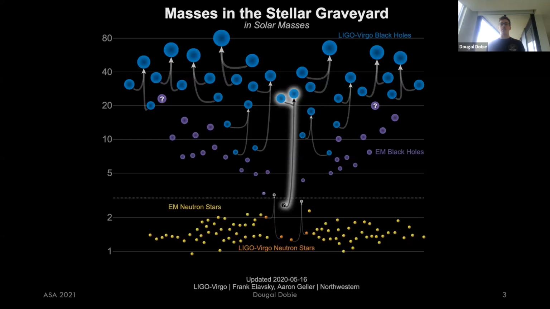So what is a mass gap event? This plot shows the masses of the various compact objects in the universe that have been detected, as we saw in the first talk. But the difference between this plot and the previous plot was that this one has the components of GW190814 and the resulting object highlighted. And as you can see, the lighter component falls somewhere in between the population of known neutron stars and known black holes.